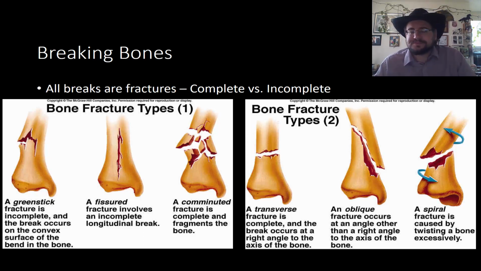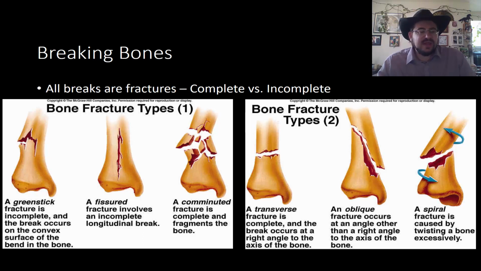I'll be using keywords if you're going to have to name a fracture, or you may have to list off a couple of fracture types. So if I say a complete fracture that causes fragments, you know it's comminuted. If I say a crack down the longitudinal side of the bone, the long part of a bone, that's a fissure.